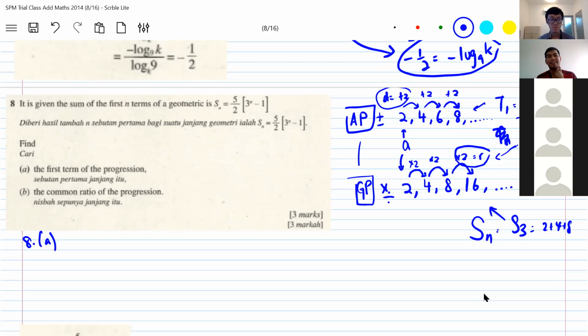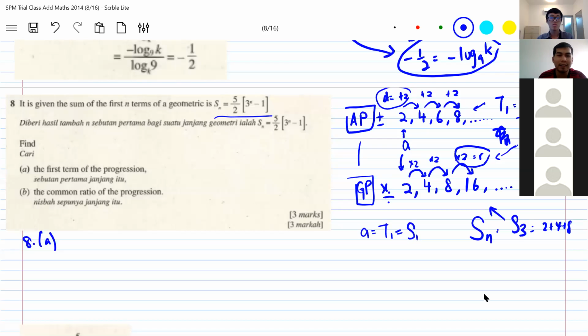They're not using Tn, because you should know that S1 is equal to T1.